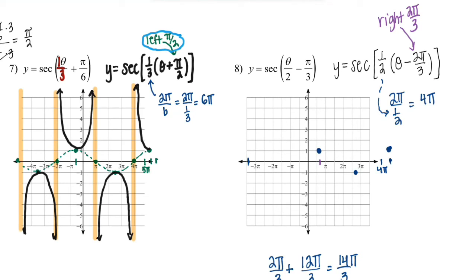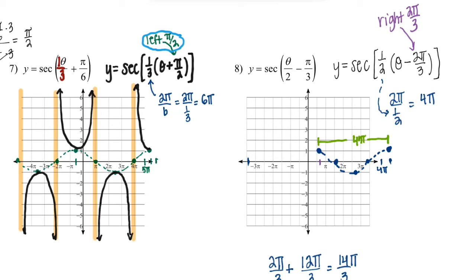And then it's going to be at its maximum 4 pi later. So what I'm saying is this horizontal length right here is 4 pi. And then halfway between, we're at the minimum. And then we're at the midline, just right about there. So we've got this happening right here.